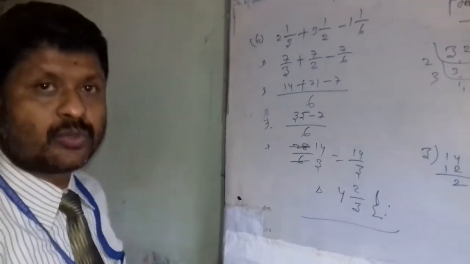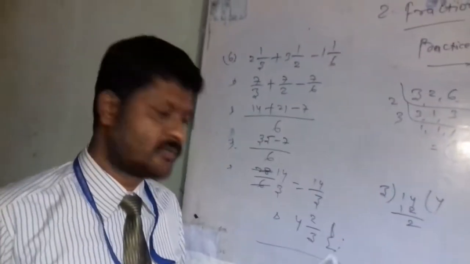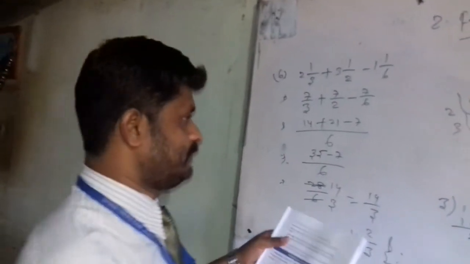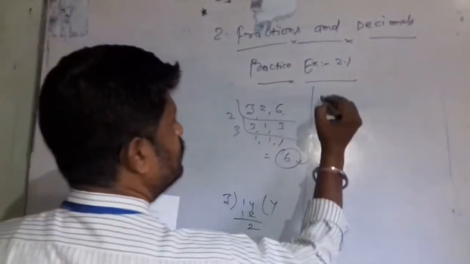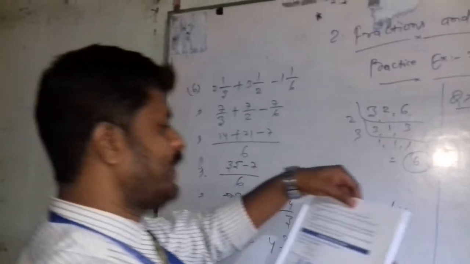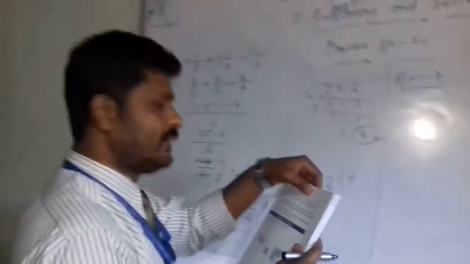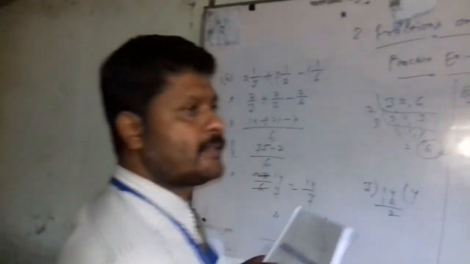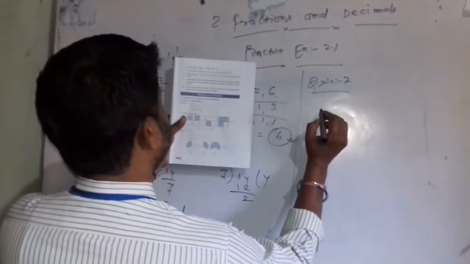Now we will discuss question number 7. The sum of two numbers is 13 whole 1 by 4. If one number is 5 whole 3 by 4, find the other. That means the sum of two numbers is given.